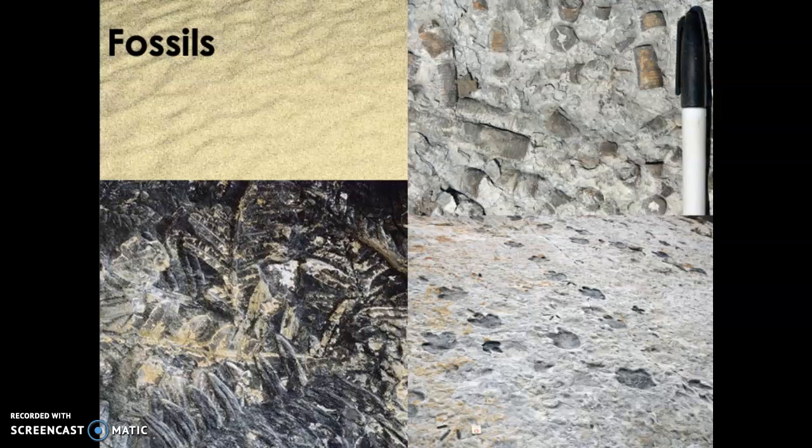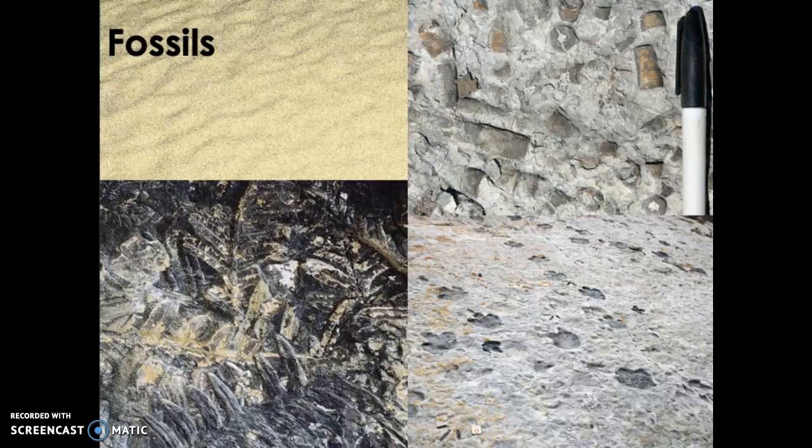In order to preserve something as a fossil, there are a couple things that need to happen. It has to be an environment where it can get buried. So if you think about a tree falling in the woods outside of the college or in your yard, or let's say in the park, and it just lays there and it decays, it doesn't get buried, and over time it gets returned to the soil, and that will never leave a fossil.